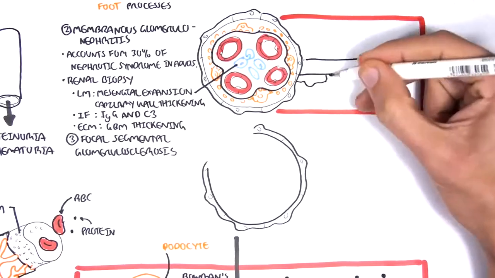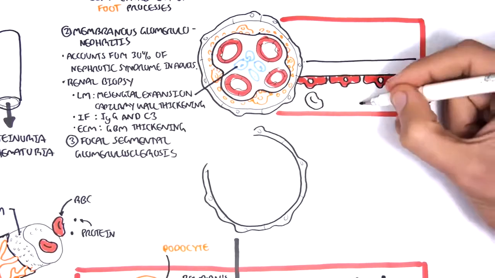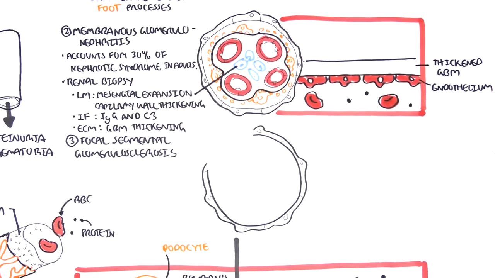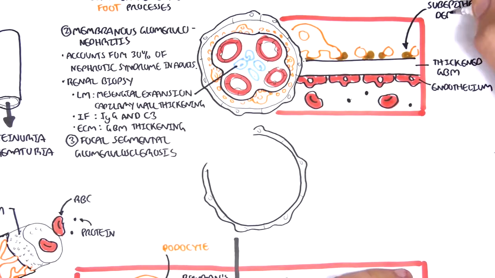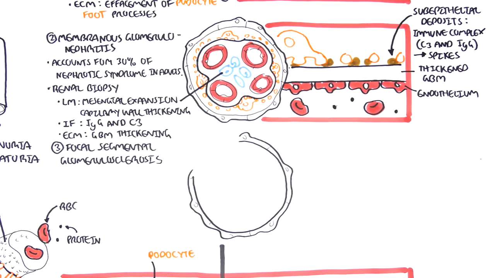So drawing it out, again here we have the endothelial wall and surrounding it a thick glomerular basement membrane. Then surrounding the glomerulus there are subepithelial deposits of immune complexes formed by, as mentioned, complement 3, C3, and IgG. These are termed spikes because they look like spikes on electron microscopy.